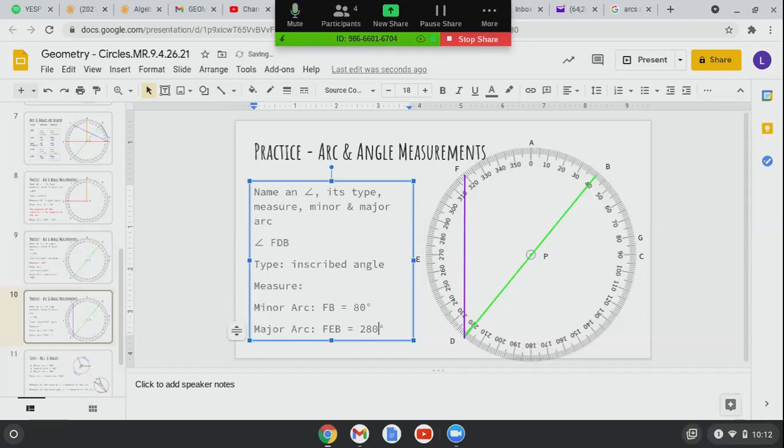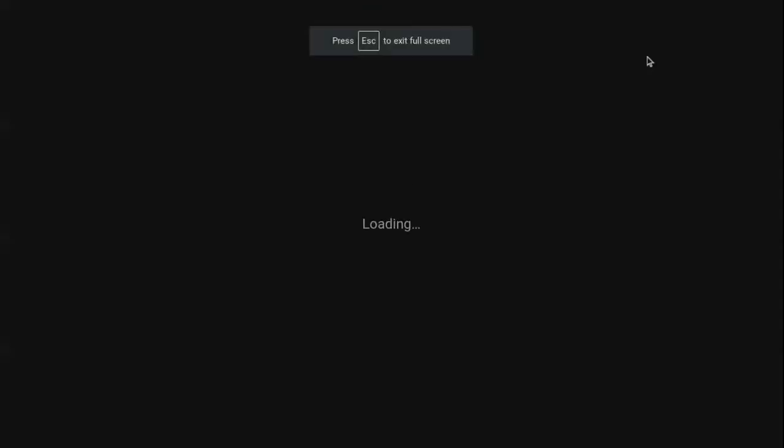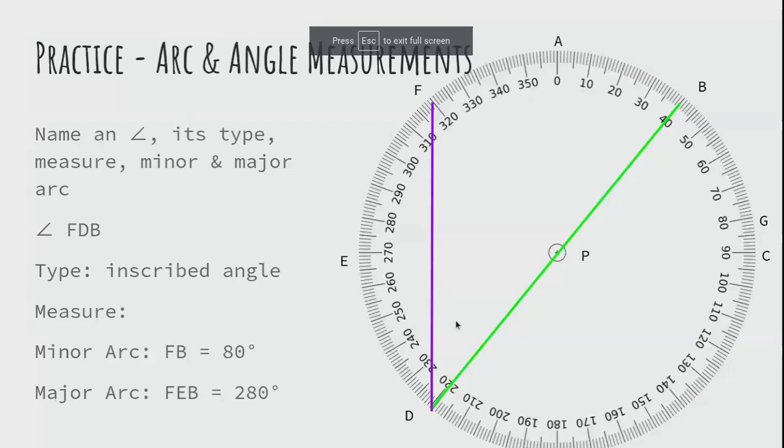So now we still haven't found the actual measure of the angle. The relationship is: an inscribed angle is half the measure of its related arc.